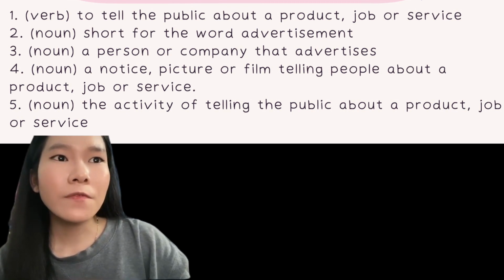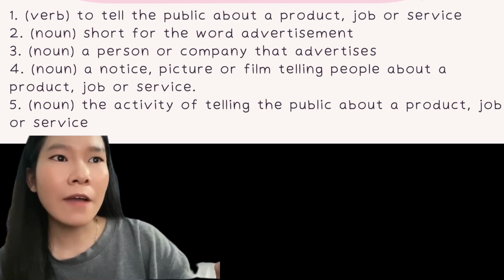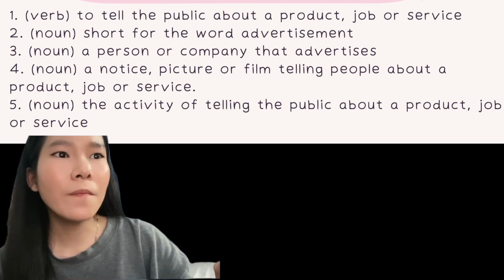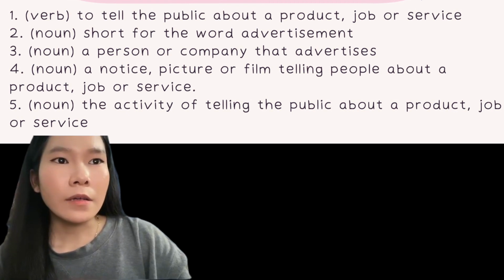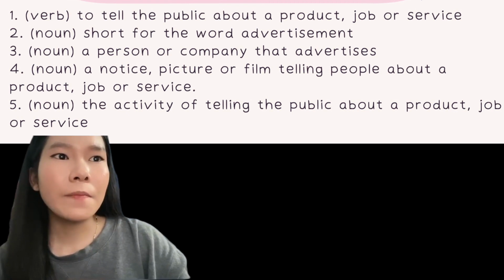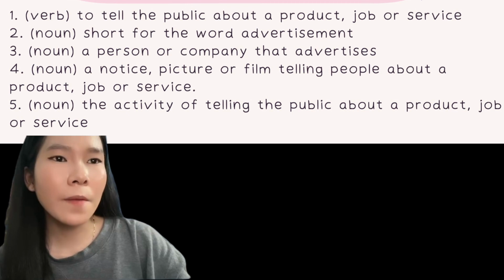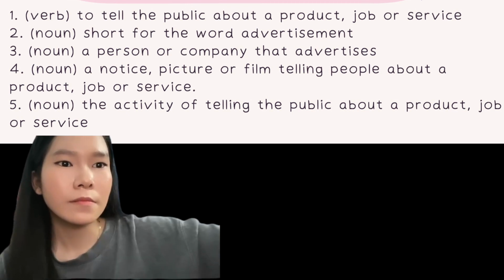Noun. Short for the word advertisement. 3. Noun. A person or company that advertises. 4. Noun. A notice, picture, or film telling people about a product, shop, or service. 5. Noun. The activity of telling the public about a product, shop, or service.